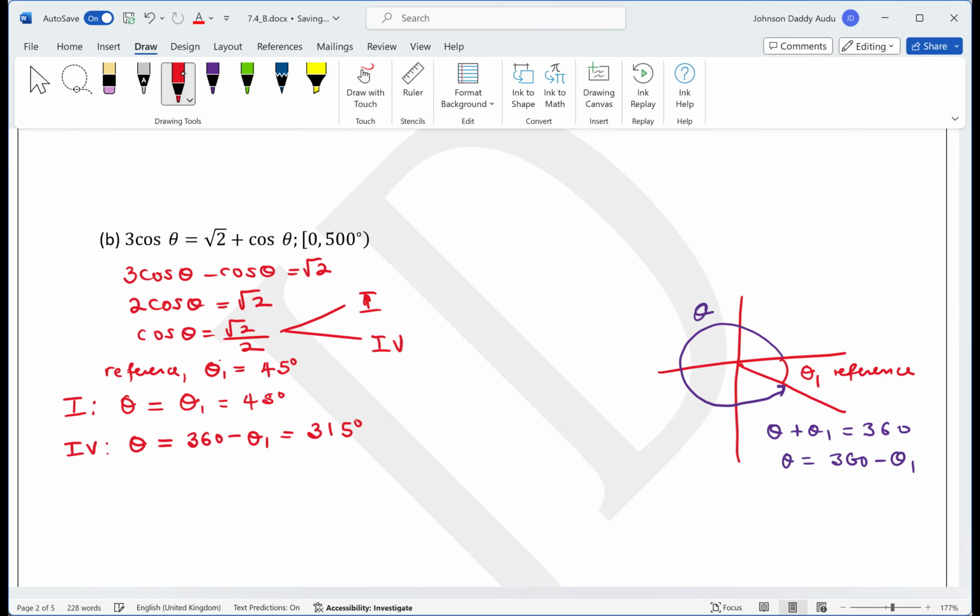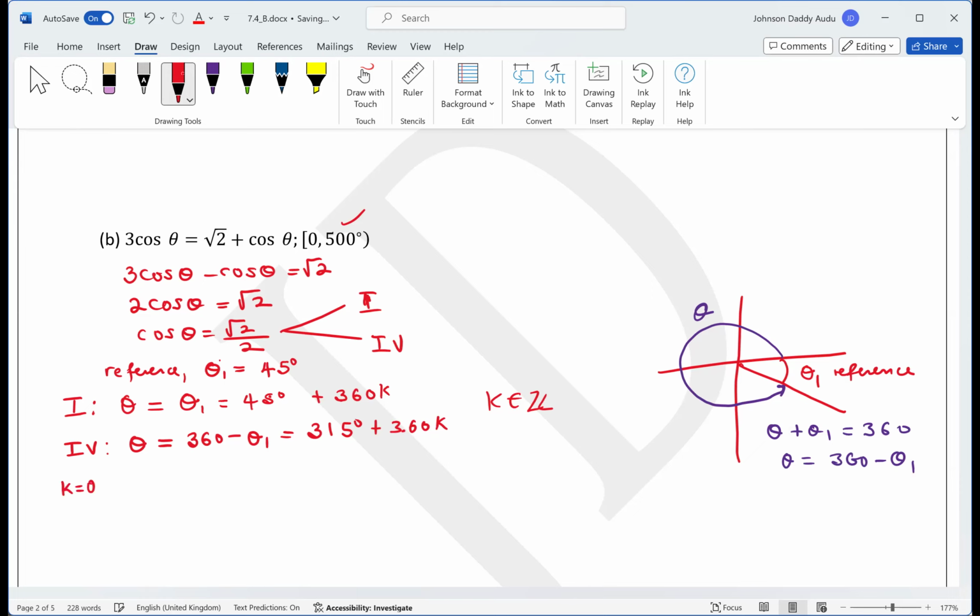Then we just add 360k, plus 360k. And here k is an integer. But in this question we have a restriction. We want only the angles theta between 0 and 500. So what we can do is take values of k.